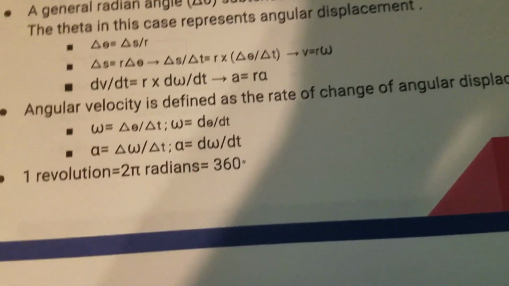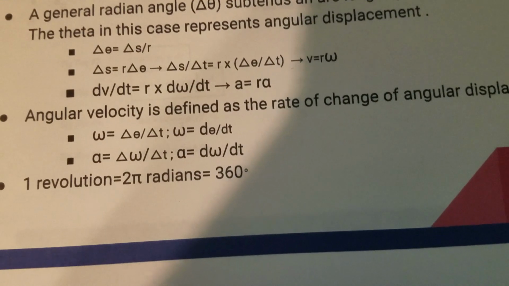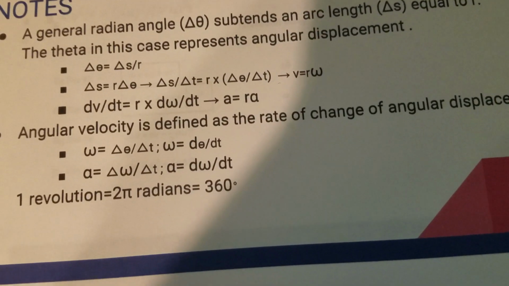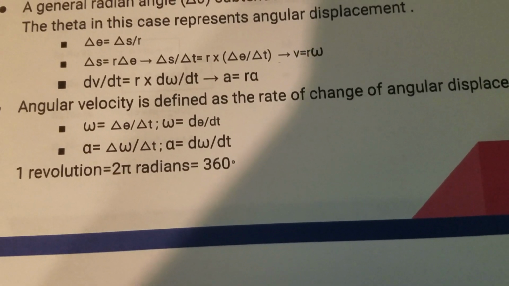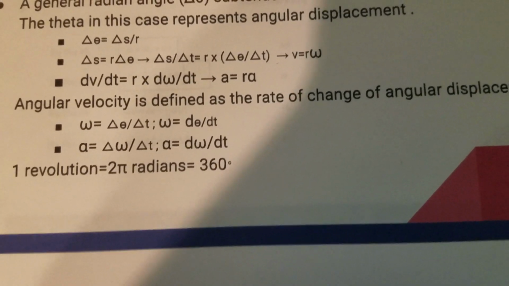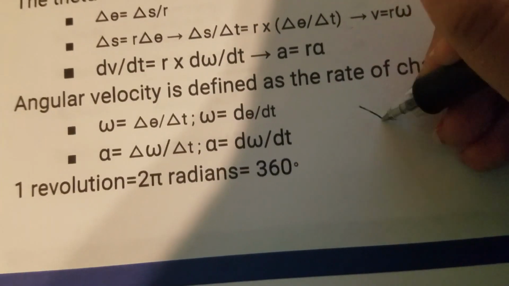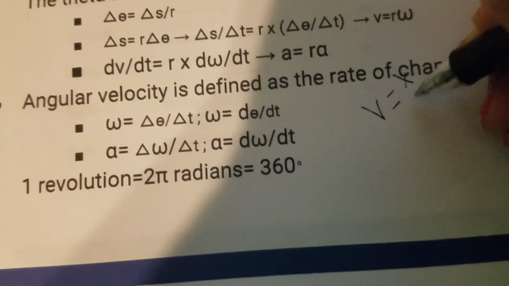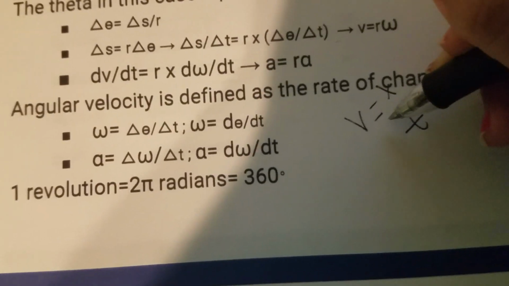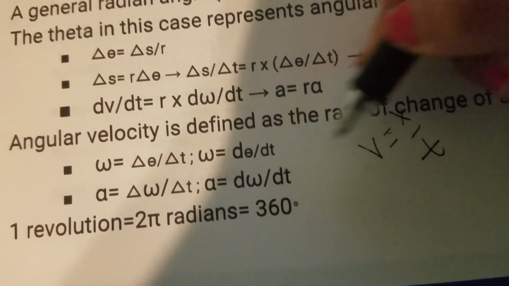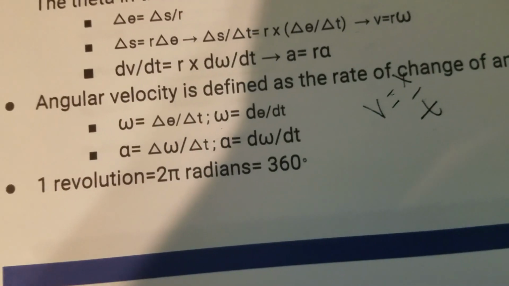So you should memorize that omega equals angular displacement over delta t. And omega is simply equal to the derivative of angular displacement, just like v equals the displacement over time. Since they're just rotational analogs, this should be really simple for you to memorize.